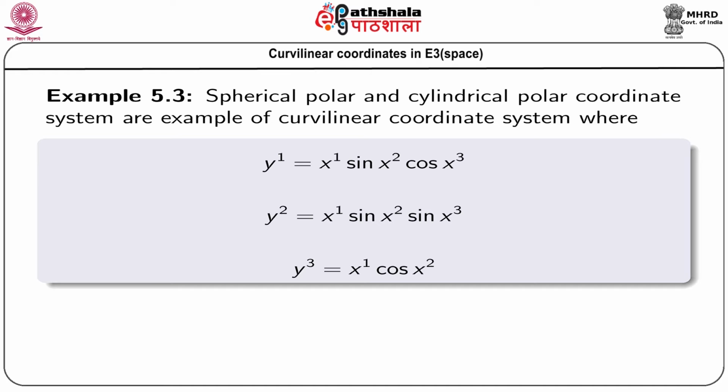So, these are the three functions, that is the transformation rule from Cartesian coordinate system to spherical polar coordinate system, and these x1, x2, x3 will frame a curvilinear coordinate system on a sphere.